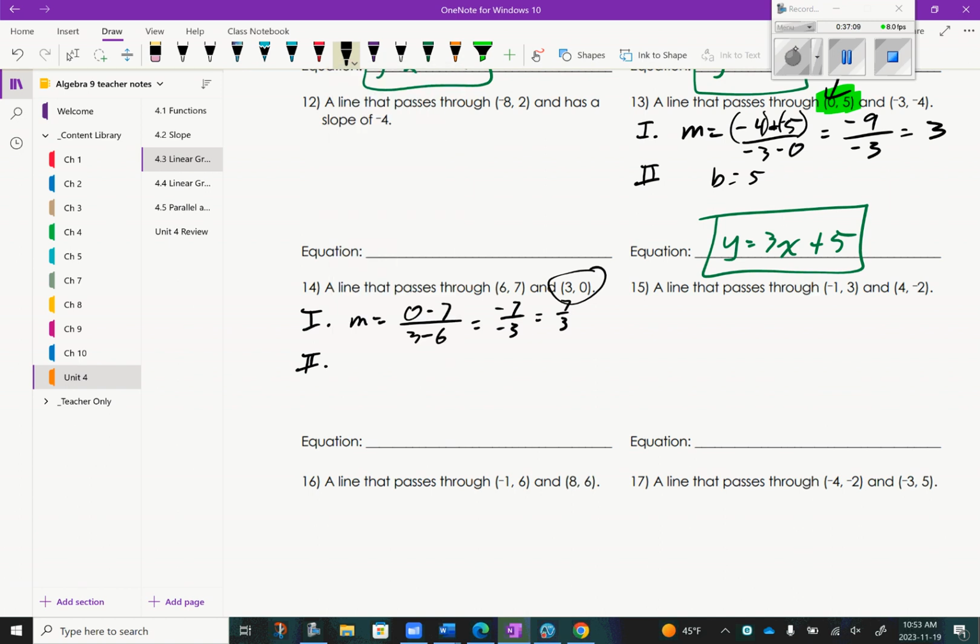So again, y equals mx plus b, 0 equals 7/3 times x, which is 3, plus b. 0 is equal to, well, the 3's reduce down to 1 and 1. That's 7 plus b is equal to 0. b is negative 7. So the equation becomes y equals 7/3 x minus 7.